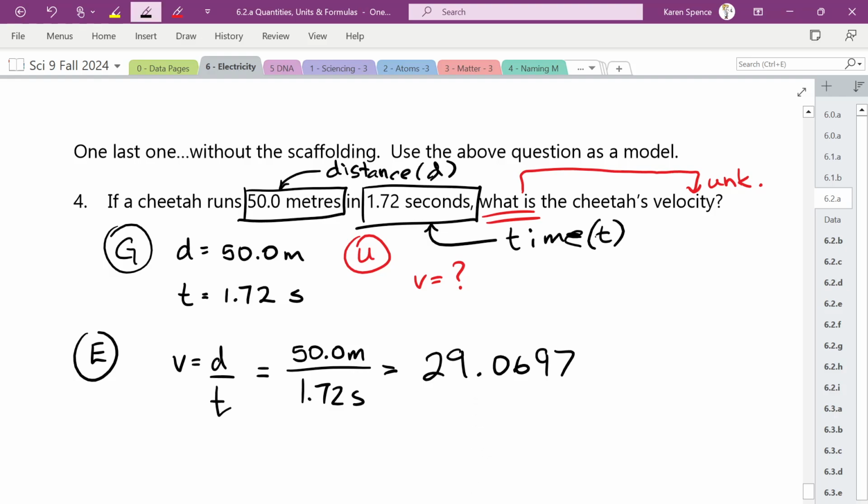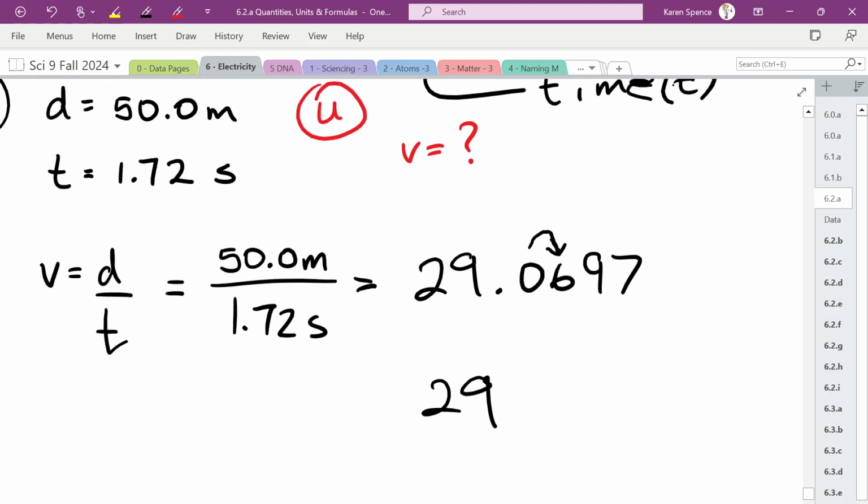Okay, folks. Sorry. So if you get a number like this, you get to choose. You can say 29, or if you're rounding to the 0.1 position, you would have to look to the right and say that's bigger than 5.